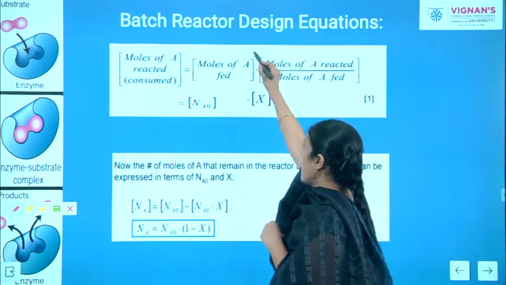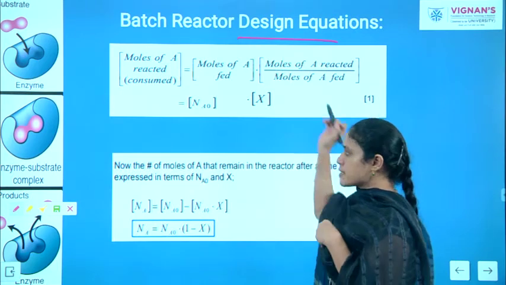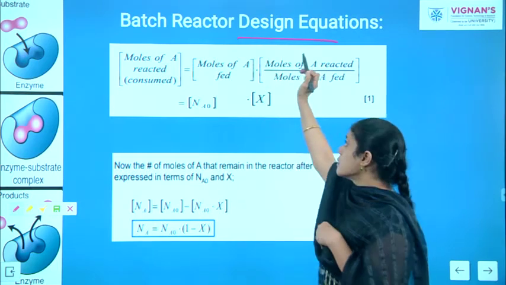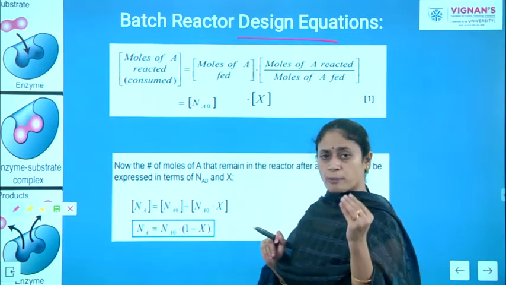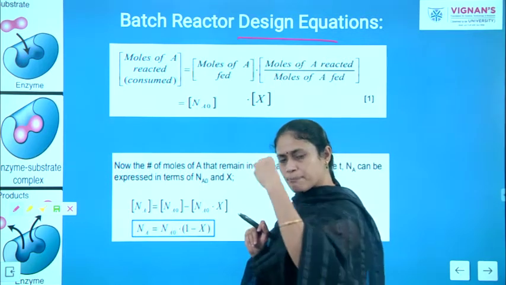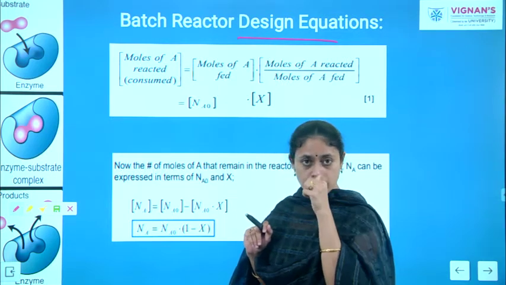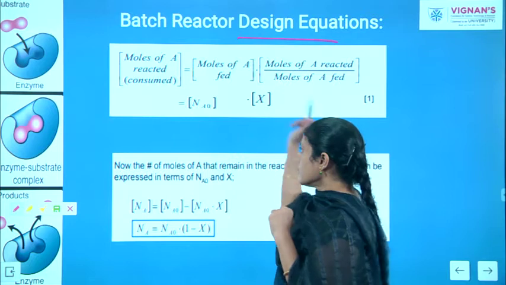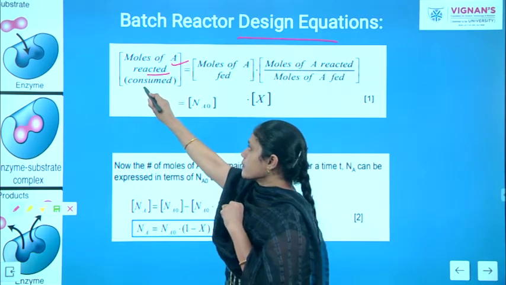And now, batch reactor design equation. We will study the batch reactor design equation. As you pretty well know, you are supplying your reactor with a certain amount of your substrate. Just consider the moles of A reacted.